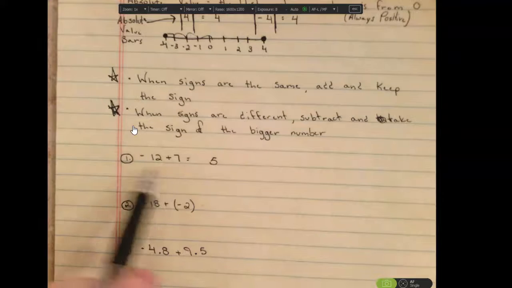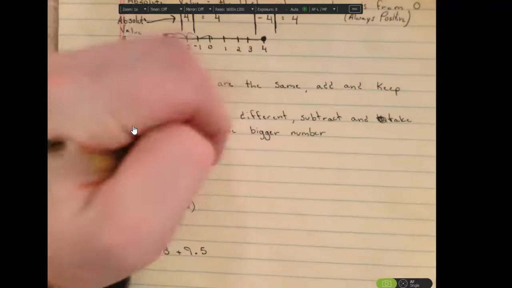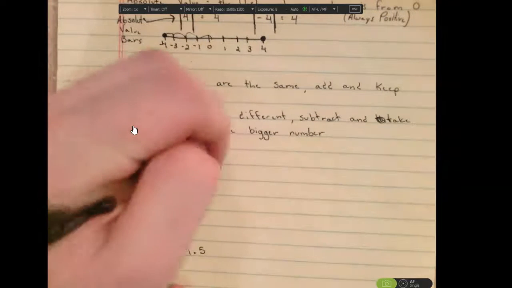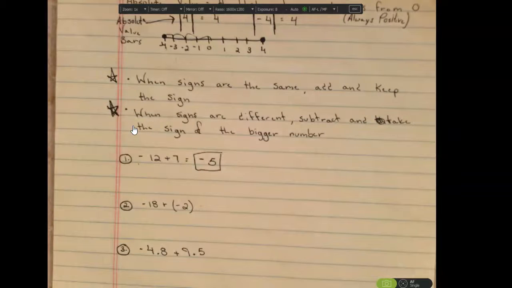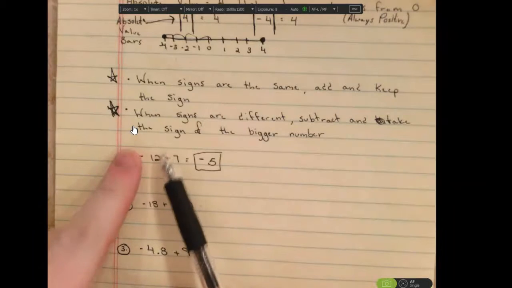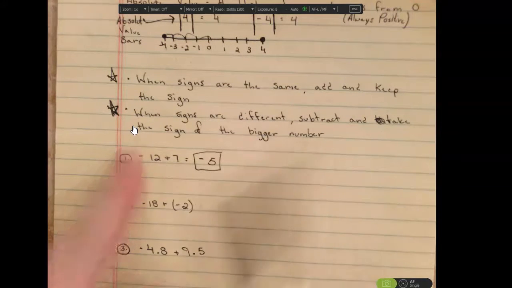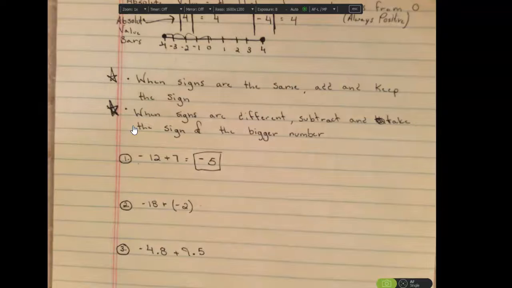Well, my bigger number is negative, so negative 5. There you have it. A little quicker way, guys, than writing it out vertically and then solving, or drawing a number line. So again, take your two numbers. Signs are different, so I'm going to subtract them, and then take the sign of the bigger number. 12 is bigger than 7. 12 is negative, so I'm going to put my negative symbol with my 5.